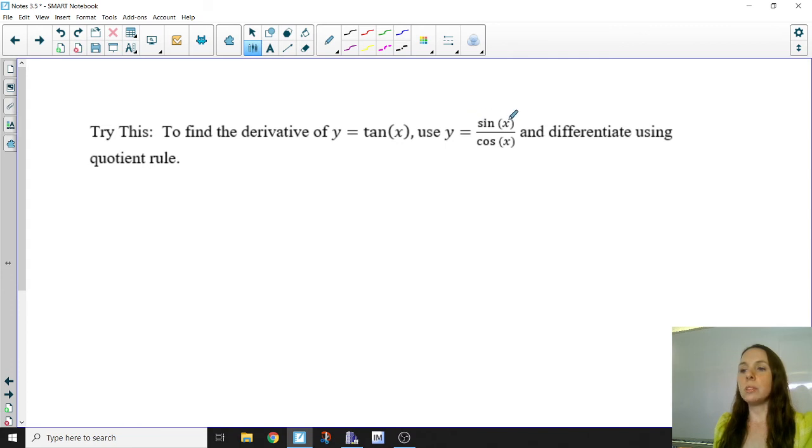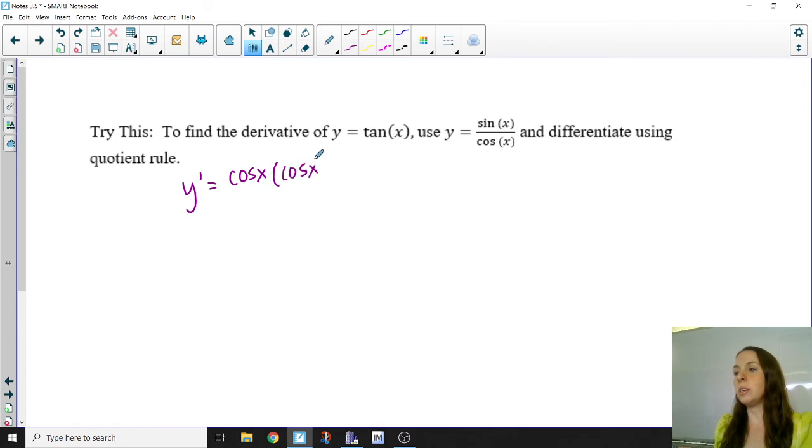Use y equals sine x over cosine x and differentiate using the quotient rule, and that will give us the derivative of tangent. Okay, so if we have y is equal to sine x over cosine x, that means that y prime is cosine x times cosine x, right?